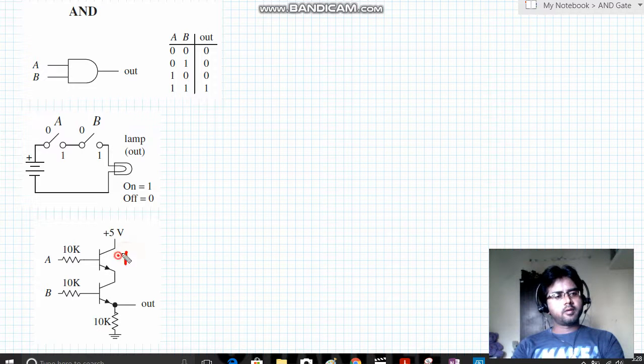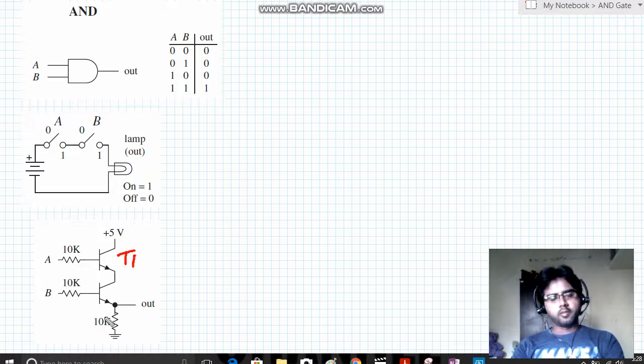The transistor 1 emitter is connected to the collector of another transistor. A and B are the inputs, and here you are going to take the output.